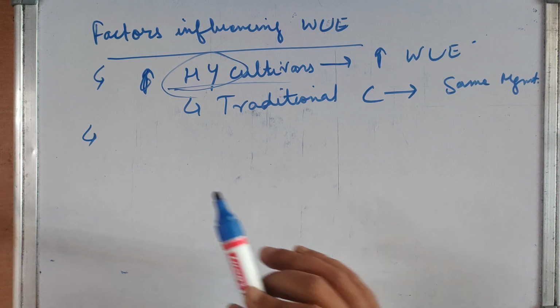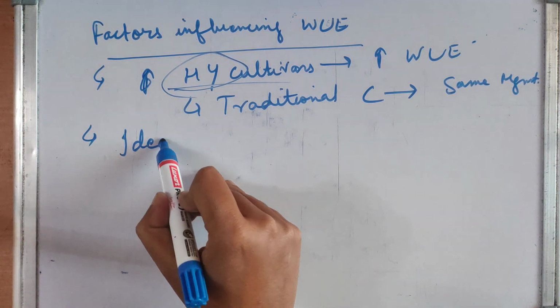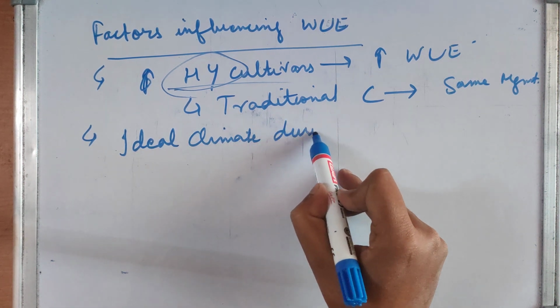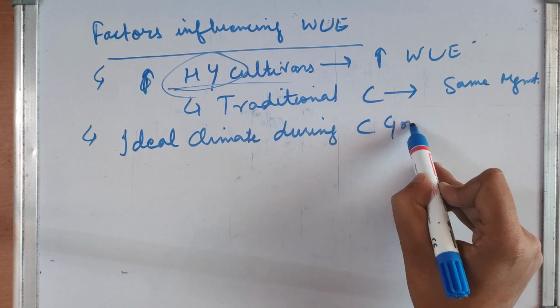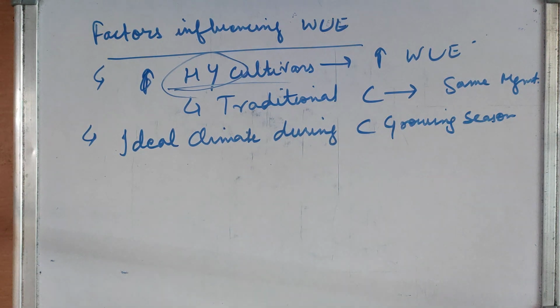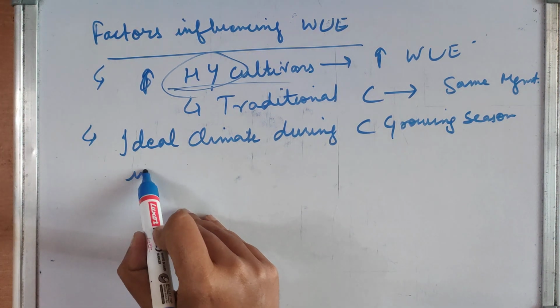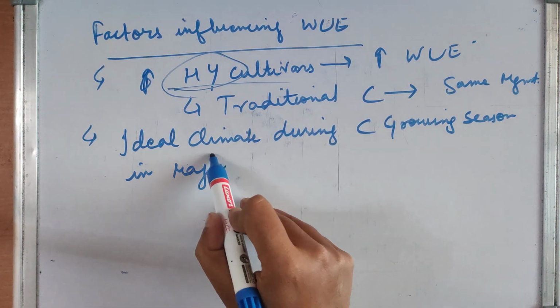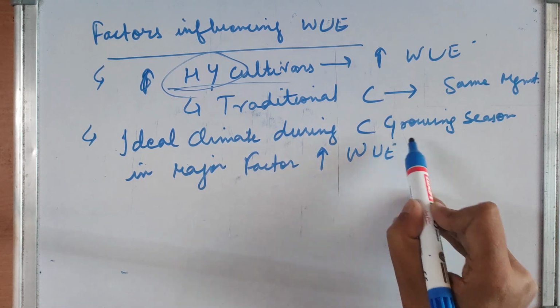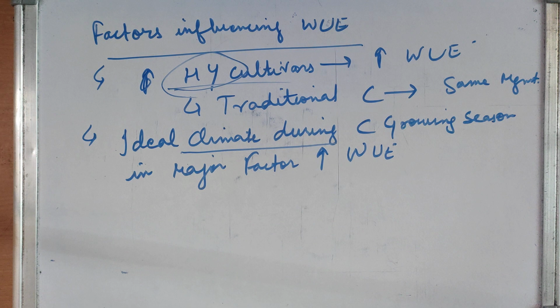Ideal climate during the crop growing season is a major factor for high water use efficiency. If the conditions are ideal, the crop will grow nicely and use the maximum amount of water in a highly efficient way.